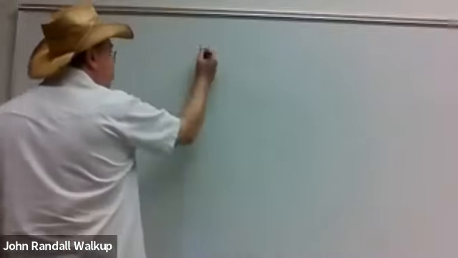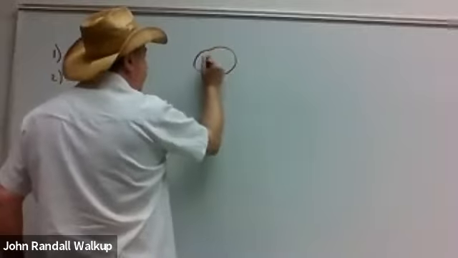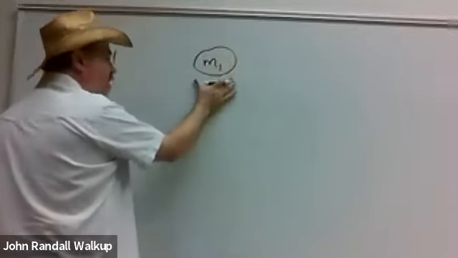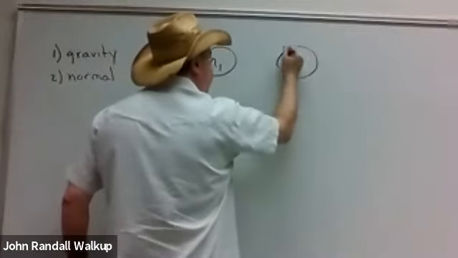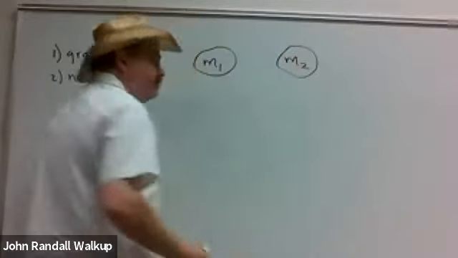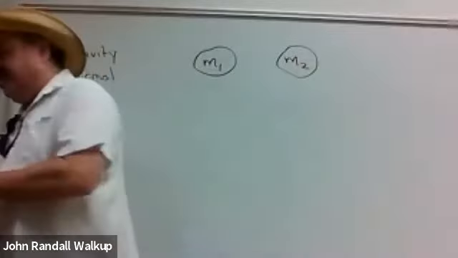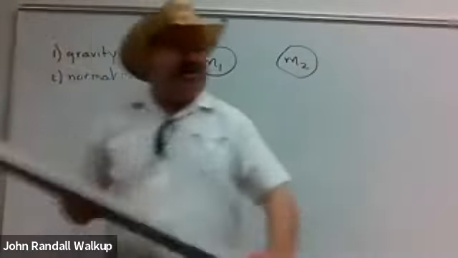He said that if you have a mass here, we'll call it M1, could be a book, could be whatever, and you have another mass, M2, let me go ahead and simulate this.